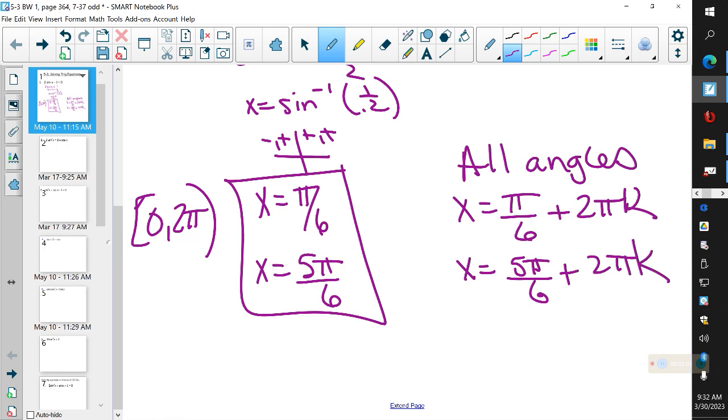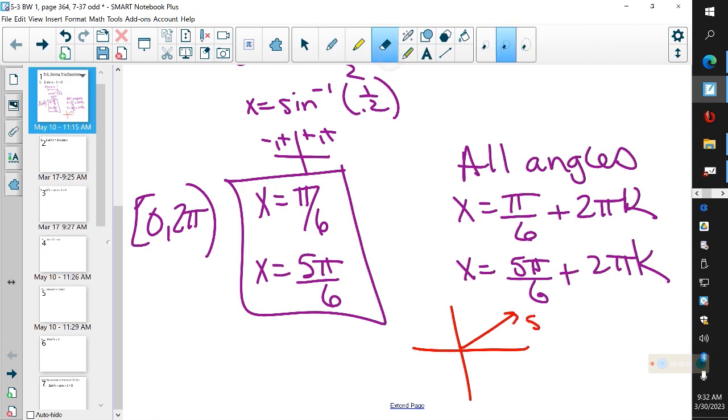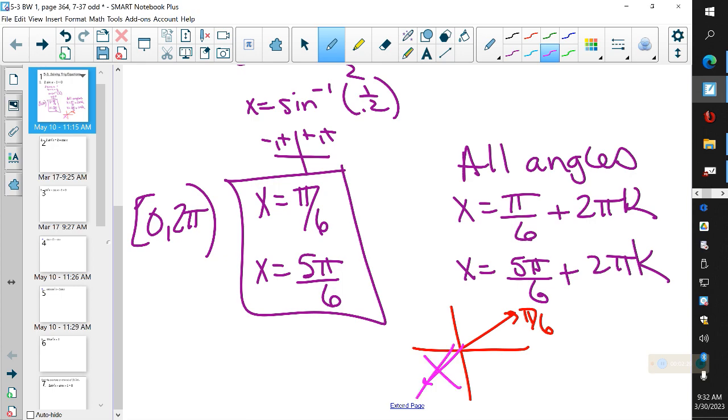And here's why it's 2 pi k rather than pi k. Here is pi over 6. In order for me to land on pi over 6 every time, if I add pi to it, it only puts me over here in quadrant 3, which has a negative sine, and I don't want it to be negative, so you cannot do that. That's why you have to add the 2 pi k every time to land here.